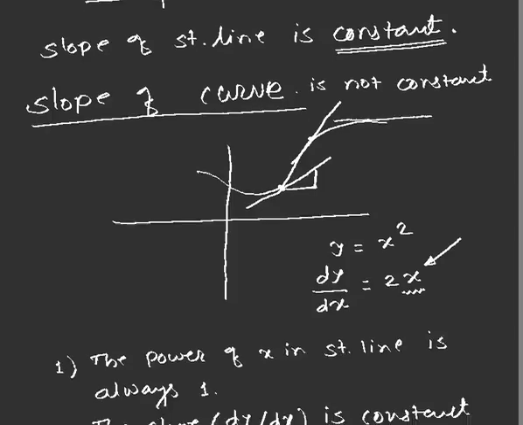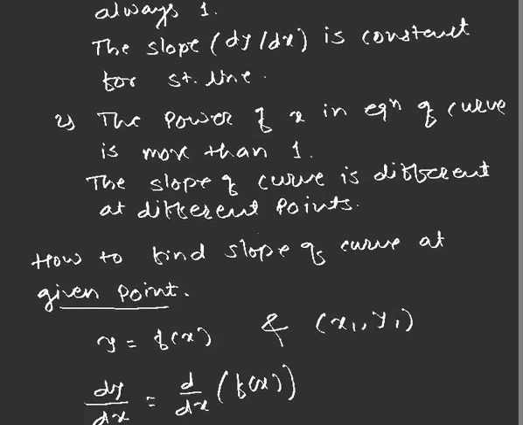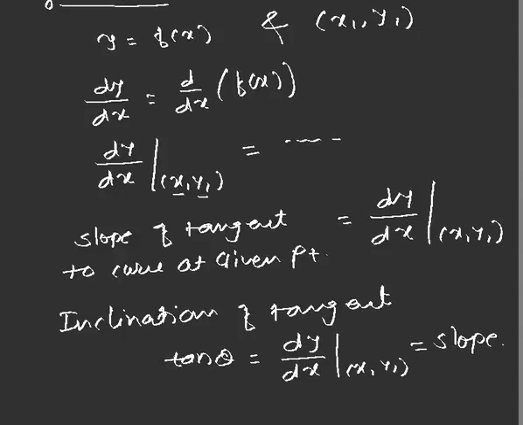It changes from point to point, and the slope of a curve at a particular point can be found by finding the slope of the tangent to the curve at that point, and it is found by finding the derivative and putting the given point in it. Okay, as we see the examples of these types, you will get a clear idea.